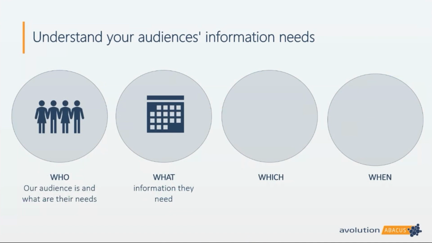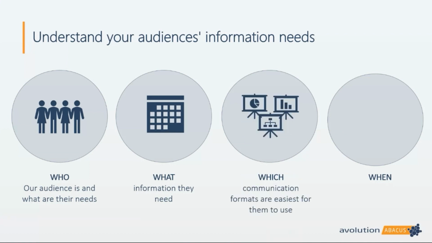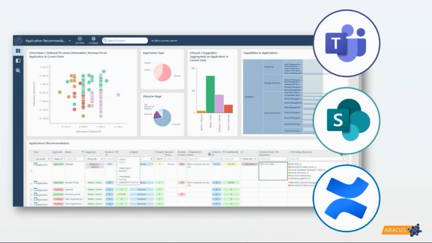For these different audiences, we also have to consider which communication formats are easiest for them to use. For self-service dashboard, this may mean making it highly accessible by embedding it in Confluence, SharePoint, or MS Teams, as we see here for the app portfolio dashboard.